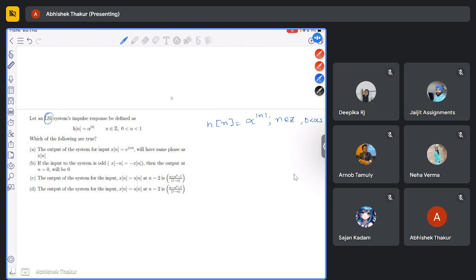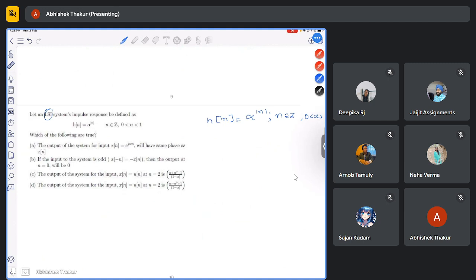So now we have to find which of the following options are true. This system is given to be linear shift invariant.